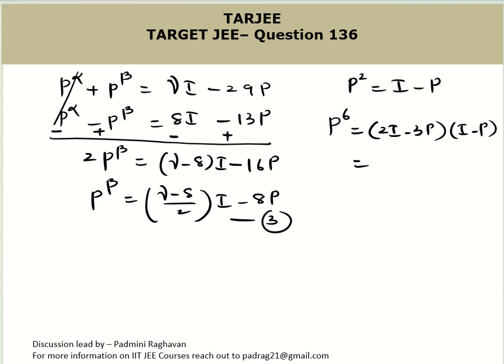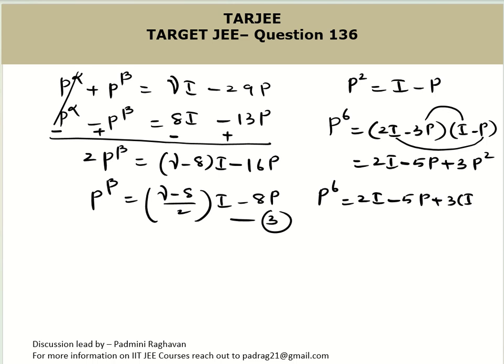When I expand, 2I square gives 2I, minus 2P gives minus 2P, minus 3P gives minus 3P, so minus 5P, and minus 3P into minus P gives plus 3P square. As we did earlier, let us replace P square again as I minus P. So I get 3 times (I minus P), which when you segregate, we get P power 6 is equal to 5I minus 8P. Let me call this equation number 4.